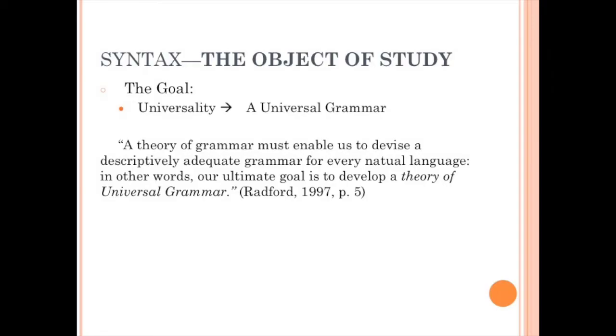One of the goals of the study of syntax is to develop a theory of grammar that can describe any natural language, not simply a grammar for each language, but a theory of grammar that is just as useful in describing Japanese as it is in English.